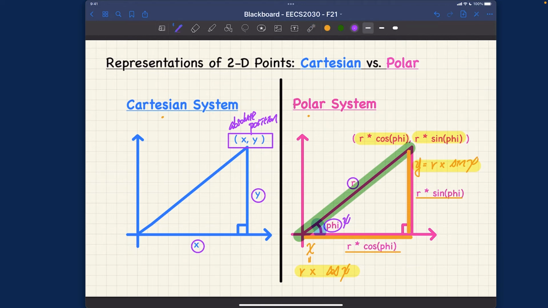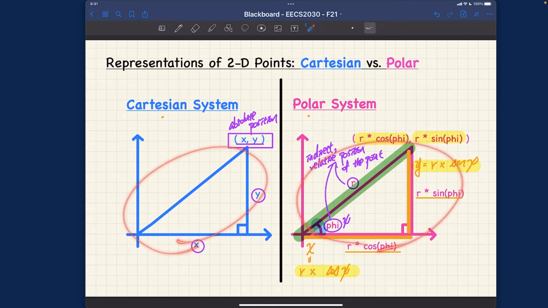Okay, and notice that again, for these two systems, especially for polar, let me write one more thing to notice. So these are kind of indirect relative position of the point as opposed to direct over here, right? That's the main point you want to understand. And both solutions are valid.